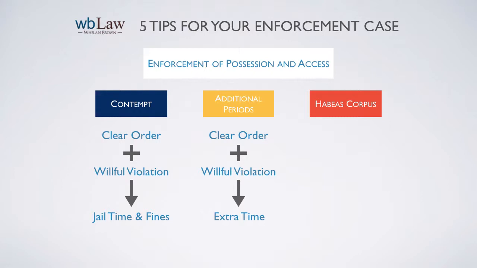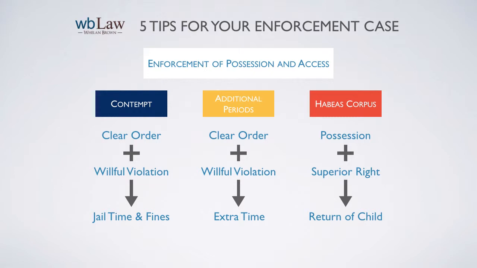Third is the habeas corpus action. That's Latin for come and bring the body. In this case, the body is the child, and it's in Latin, so you know it's serious. For this one, if someone has possession of a child and someone else has a superior right to possession, then that person can file for the court to give the child back.